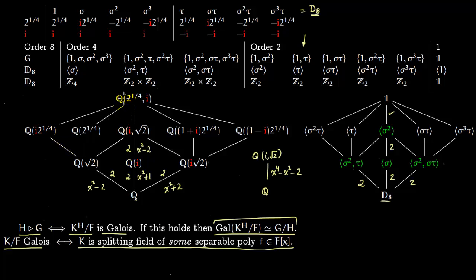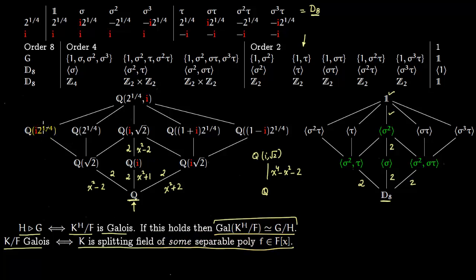So notice that this Q(2^(1/4), i) is also Galois over Q, because 1 is obviously a normal subgroup of D8. So notice that we are always talking about Galois extensions with respect to this. So this Q(i 2^(1/4)) is not Galois over the rationals. Now you can see this, that using this equation, K over F is Galois if and only if K is a splitting field for some separable polynomial.